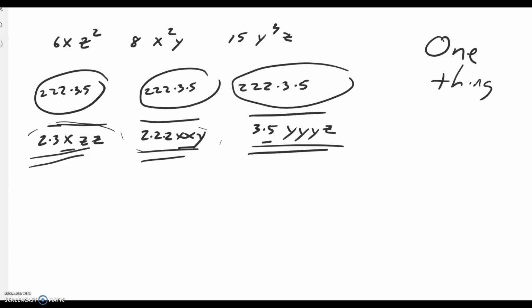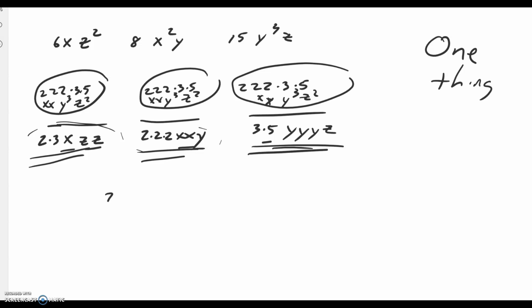An x times an x, no x's, so it needs an x times an x. A y, here it needs a y, here it needs 3 y's multiplied together. So I'm going to just say y cubed. I don't want to have to write in 3 y's, I'm running out of room. So that takes care of the y's. Now we have z's, we need a couple of z's, so I'll do a z squared.